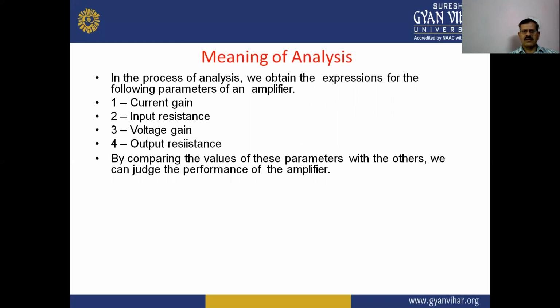In the process of analysis, we obtain the expression for the following parameters of an amplifier. First one is the current gain, second one input impedance, next one voltage gain, and fourth one is output resistance. So these are some parameters of an amplifier. By comparing the values of these parameters with the others, we can judge the performance of the amplifier.